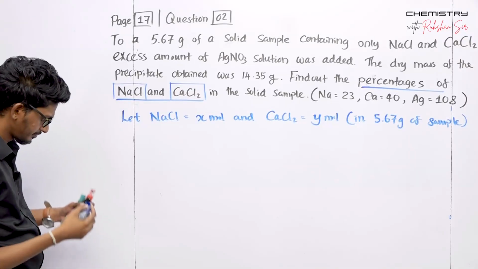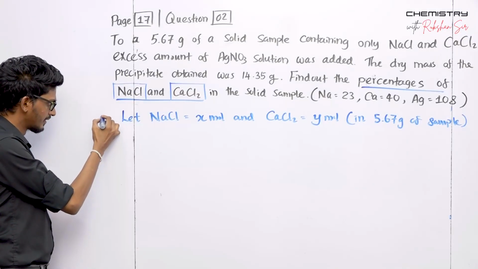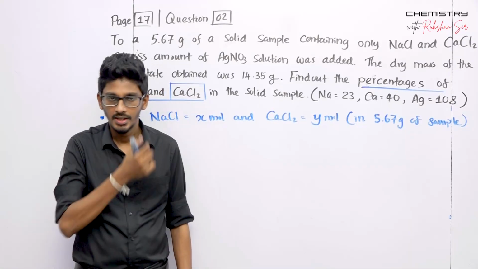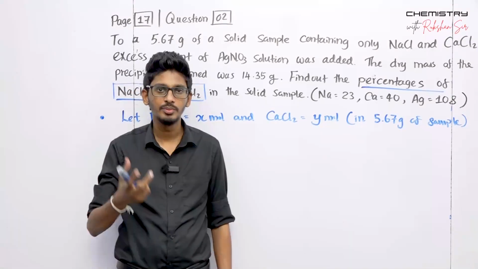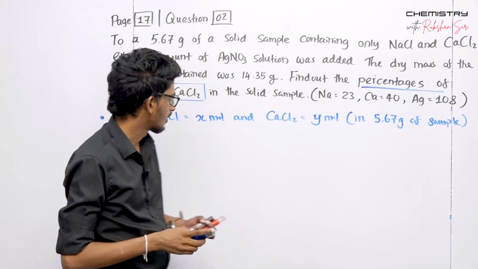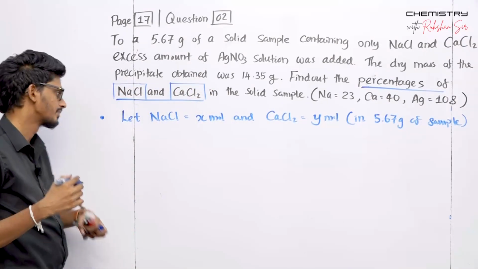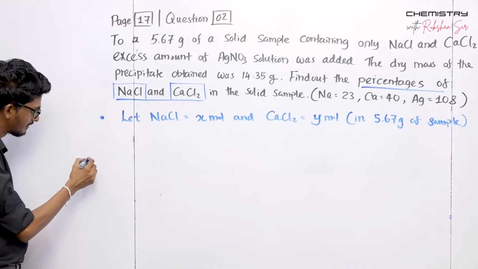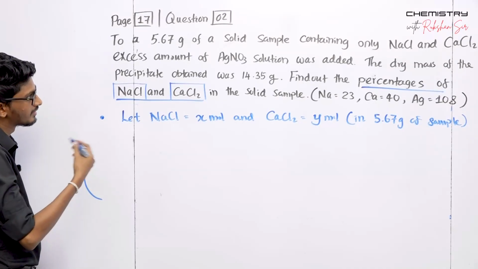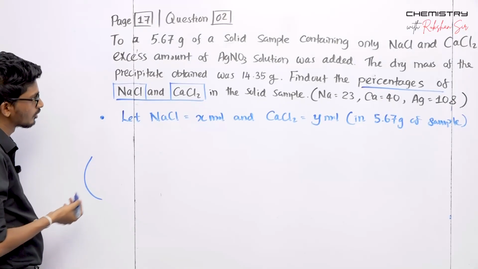Second thing, you are supposed to come up with the balanced chemical reactions related to the procedure. See what kind of a process you are doing here. Basically, you have a solid sample containing sodium chloride and calcium chloride.